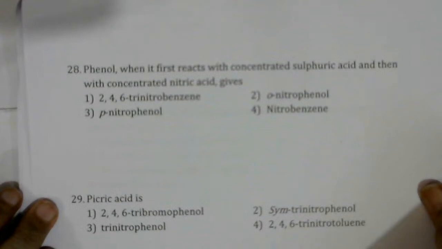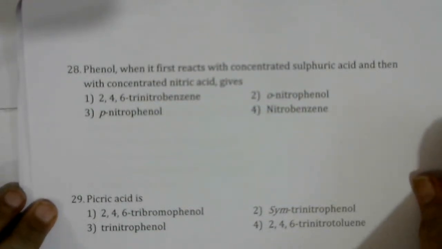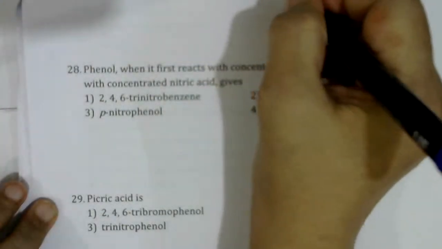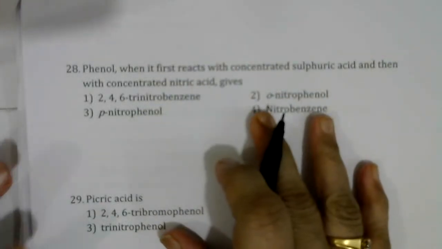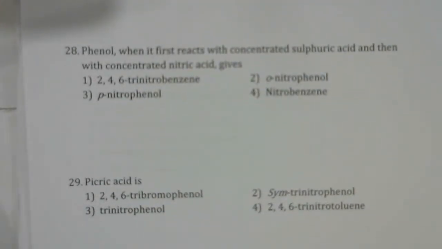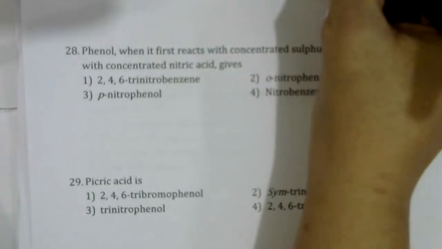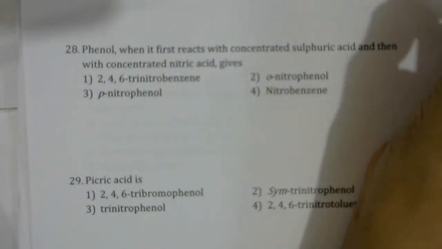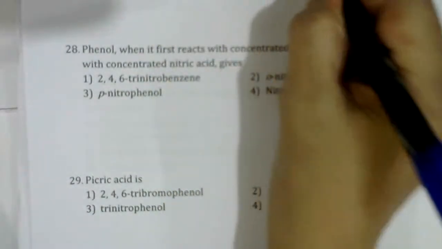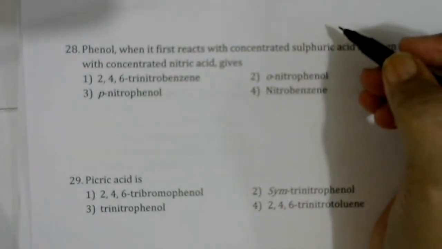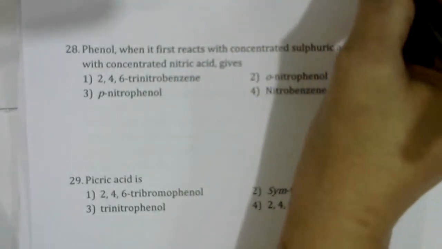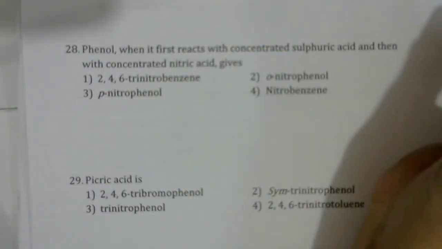Question number 27. Which of the following does not react with sodium metal? Remember one thing, sodium is an active metal. Alcohols, carboxylic acid and phenol, in all the cases we are going to get the ONa compound. The hydrogen atom is replaced by sodium to liberate hydrogen gas.